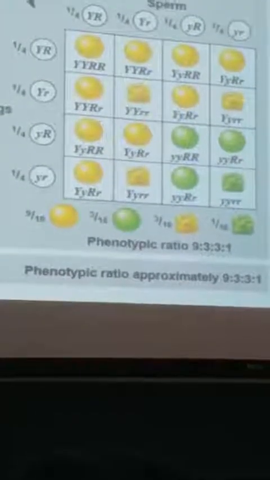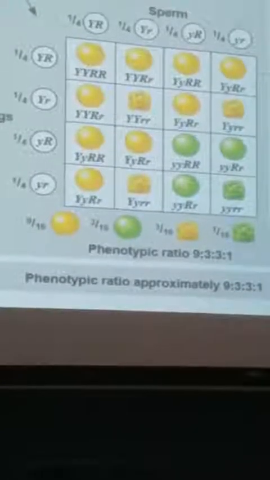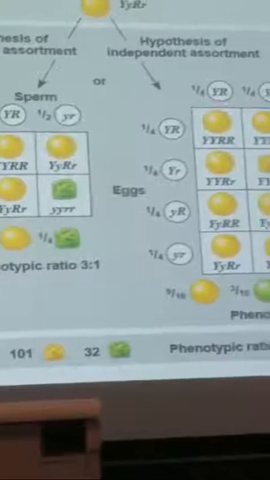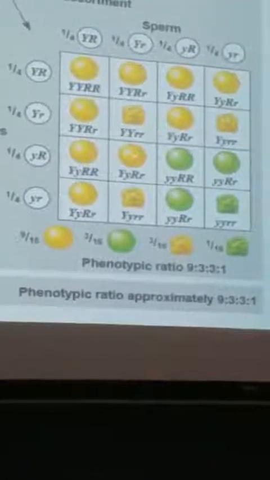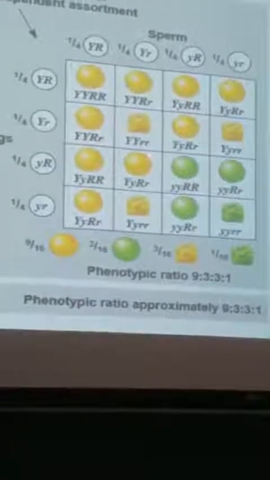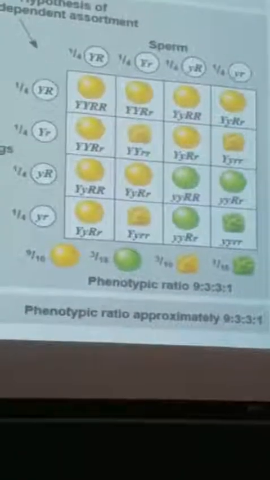and I might just keep the seed color here for green, whatever. It doesn't matter what the sample is. But I can say right here that we have a heterozygote pea that is yellow and round. So what does that tell you?